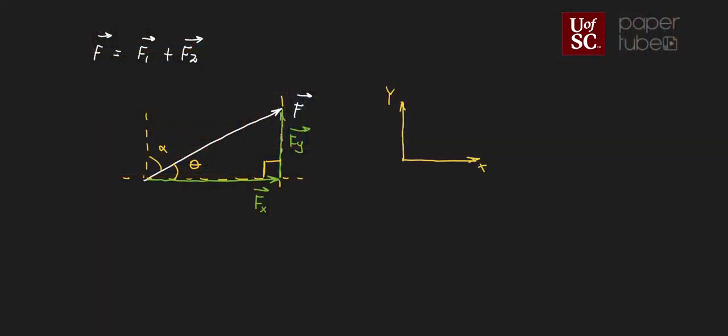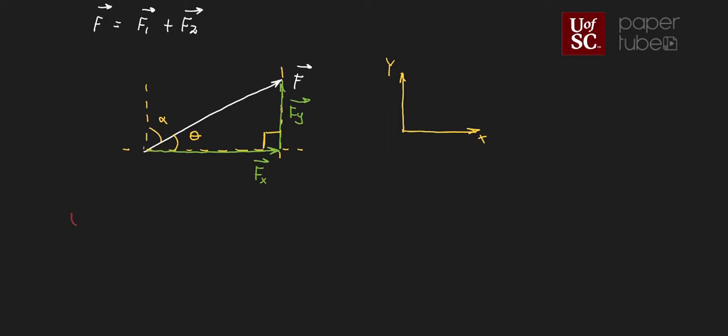Now let's talk about the second concept that is important to understand these Cartesian vectors, which is unit vectors. Unit vectors are quite useful because they help us define the direction of a vector. They have a magnitude of 1, that's why they're called unit vectors, and they have no units. So let's write down those characteristics of unit vectors.